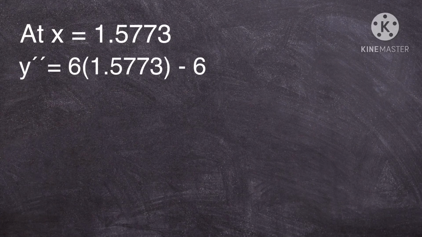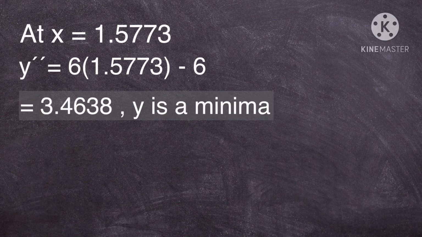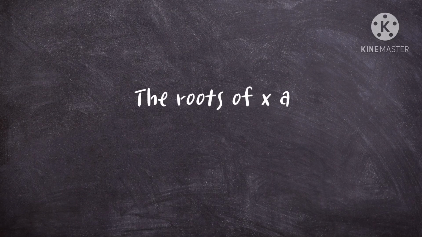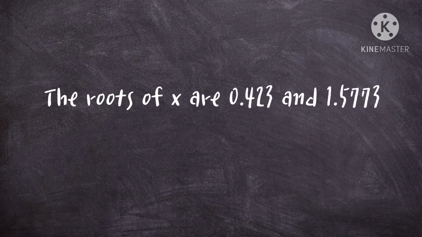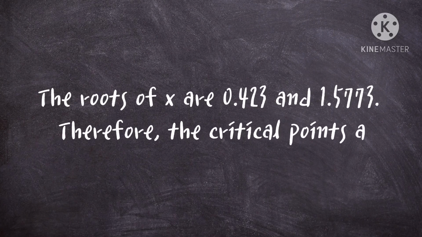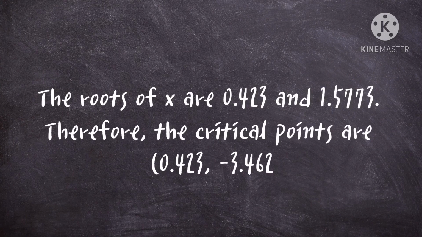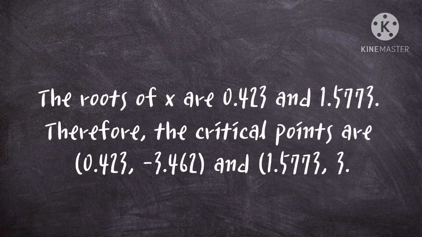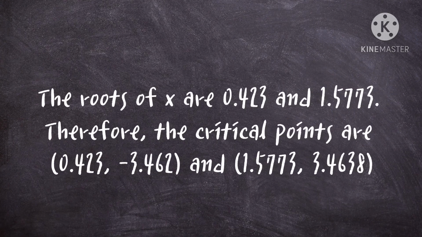We will then arrive at an answer of 3.4638, which means y is a minima since it is positive. The roots of x are 0.423 and 1.5773. Therefore, the critical points are 0.423, negative 3.462, and 1.5773, 3.4638.